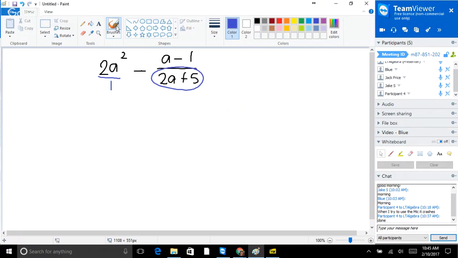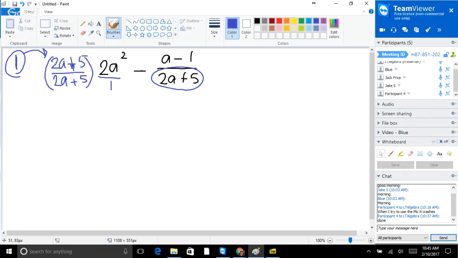Okay. So what I'm going to do is multiply this by 2a plus 5. It'd be helpful if I multiply by the right thing, right? This is just 1. Really, this is just like multiplying by 1. I know I'm beating that point over and over again, but I just want you to realize that you're not just randomly multiplying things. You're really multiplying by 1.